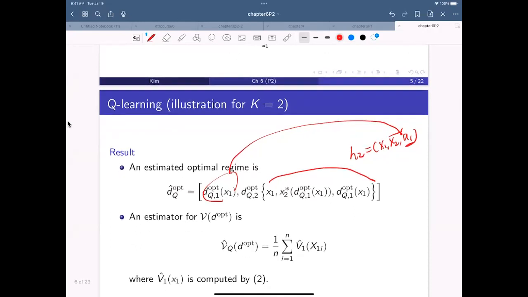In that case, I think Q1 should also be replaced by A1. The observed A1 is D1 of X1, because given X1, we use D1 as our A1. Then the X2 evaluated at D1 should be the observed X2.